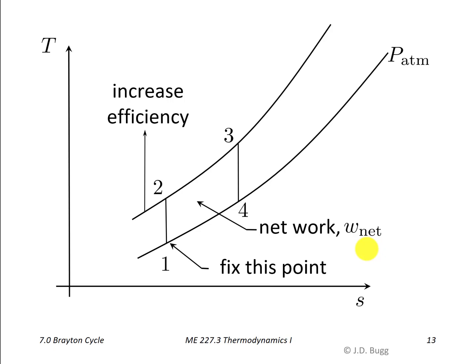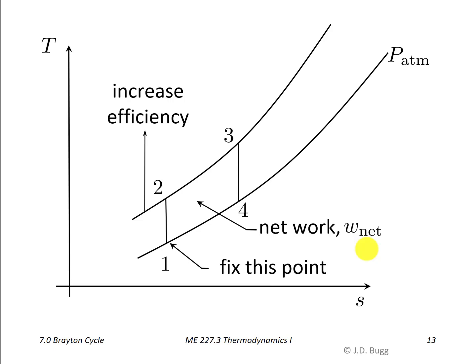So that area is proportional to the net work, and that's a very useful thing to remember as we spend the next little while here exploring how changes in operating parameters affect the efficiency and the net work output. So we're going to be talking about those two performance parameters, the efficiency of the cycle and the net work that it produces.